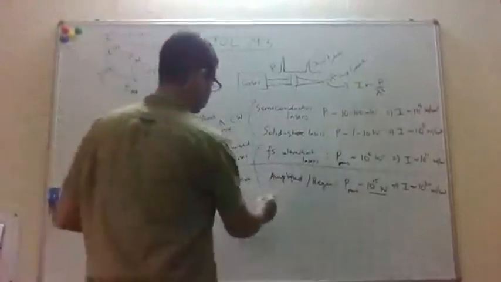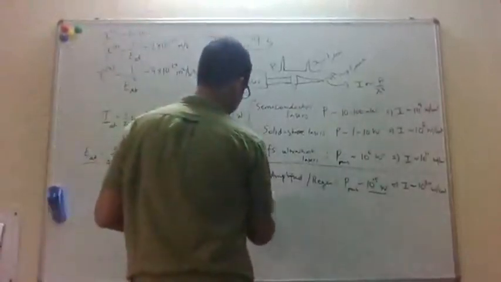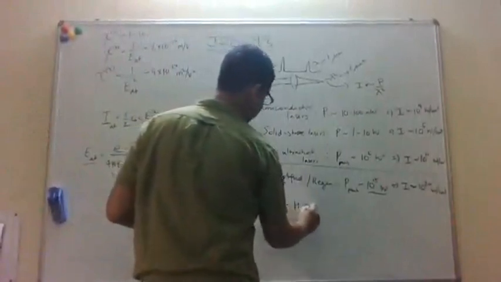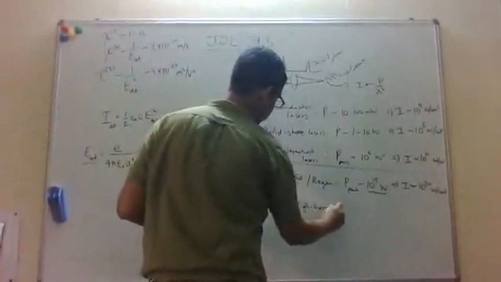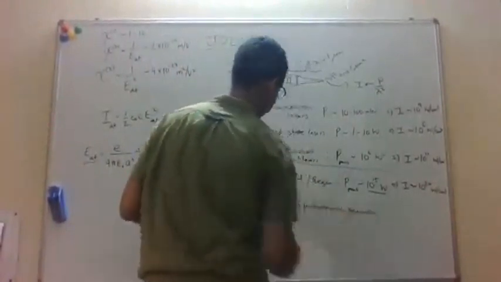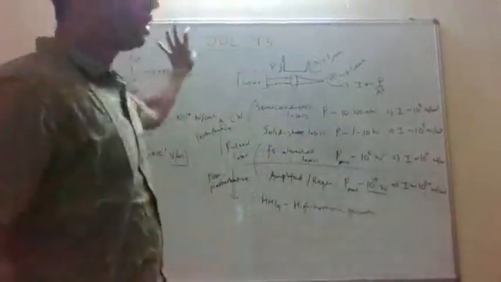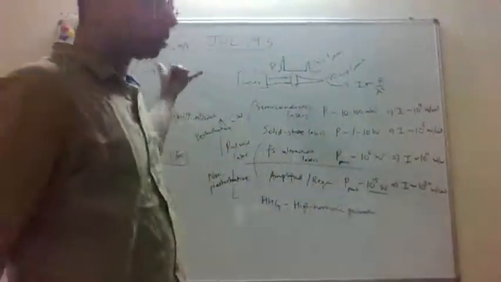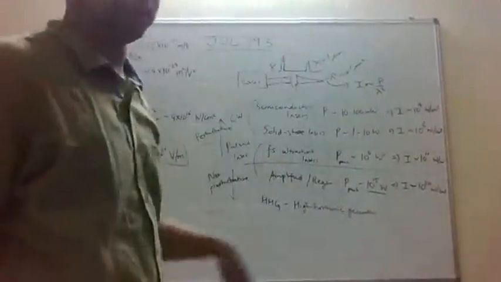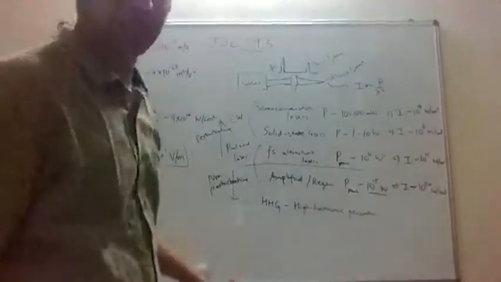And one interesting effect that people see here in the non-perturbative regime is called high harmonic generation. So we discussed briefly, for example, frequency doubling, right? So basically, you send in a particular frequency, at the output you get double its frequency or half the wavelength. So that's second harmonic generation, right?